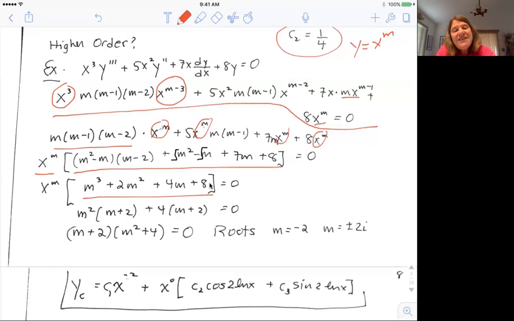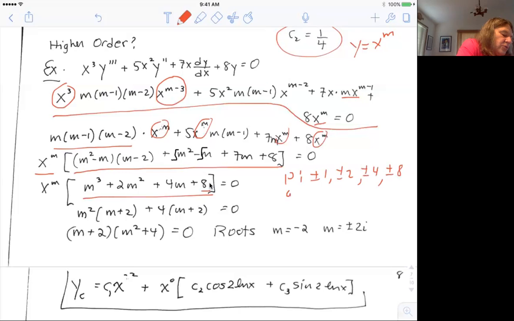Now, let's step back a minute on solving cubics. We had done some cubics where we had to use the rational root theorem, where the p's were the factors of 8. So plus or minus 1, plus or minus 2, plus or minus 4, and plus or minus 8.